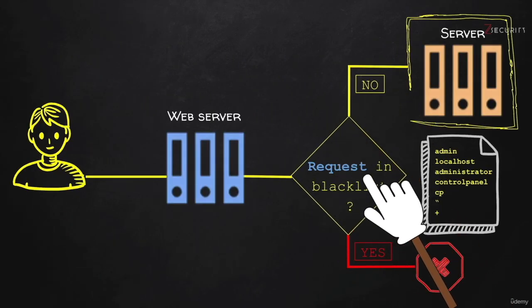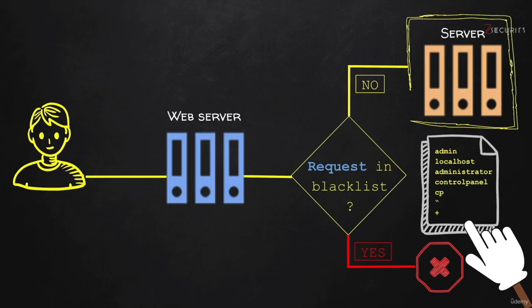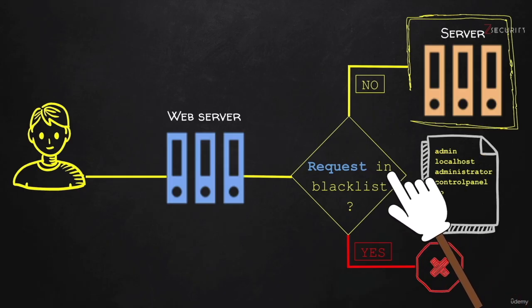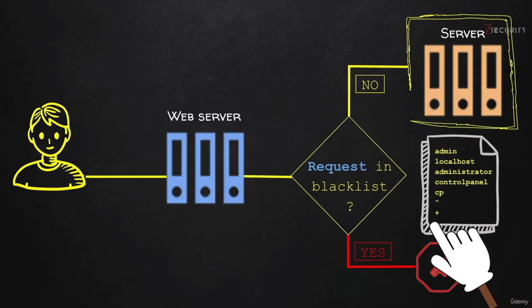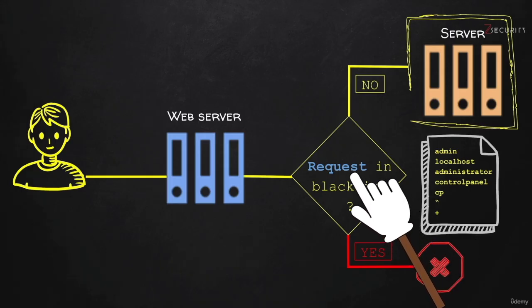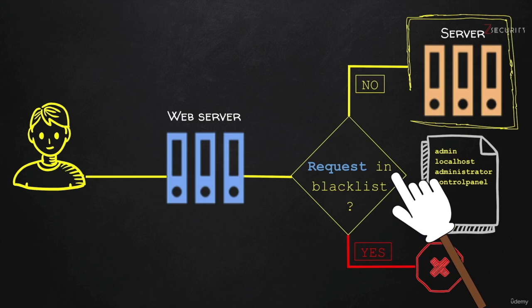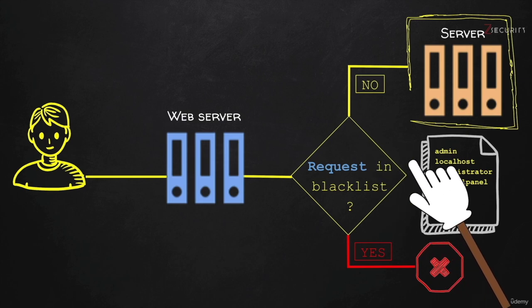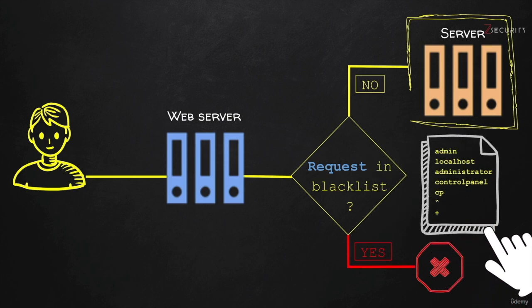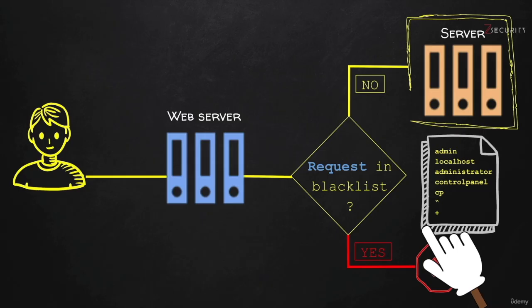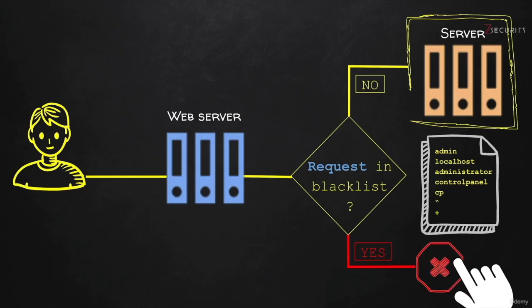When it's checking if the request is in this blacklist, it's also decoding that and then checking it against the blacklist. And therefore, even though we're encoding the word localhost, when it gets decoded to the correct localhost string and then it checks it against the blacklist, it's able to know that this word is not allowed, and therefore our request is being denied.